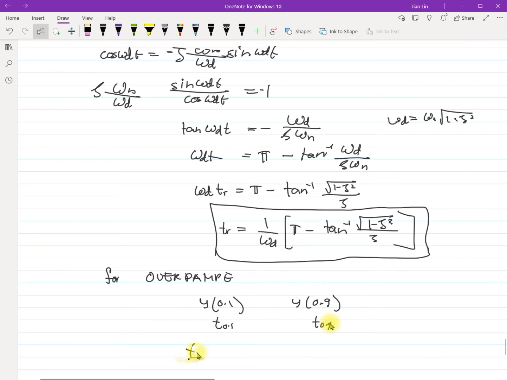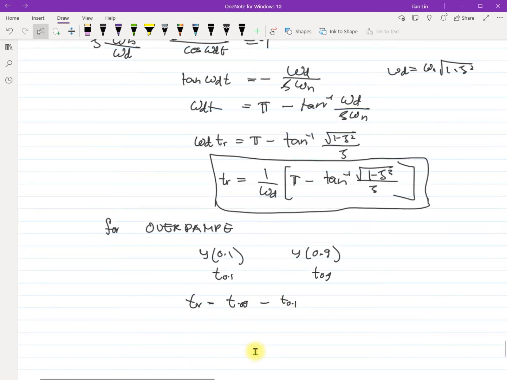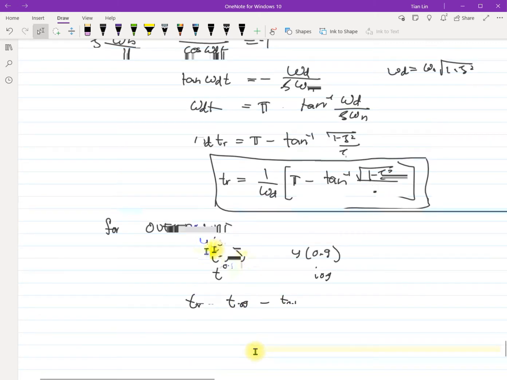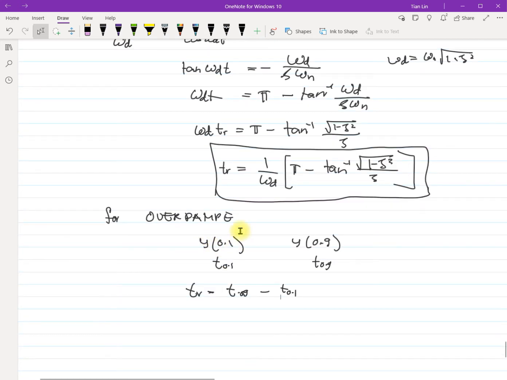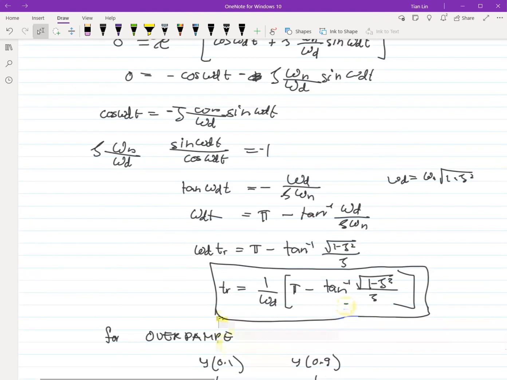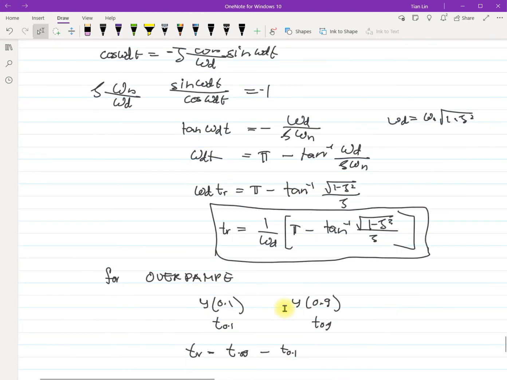Then your rise time will be equal to that time at 0.9 minus the time at 0.1. So repeat the process again, but instead of using y's of 1, you use y's of 0.1 and 0.9. It's like what we did here. Then subtract that, and that will be our rise time for an overdamped system.